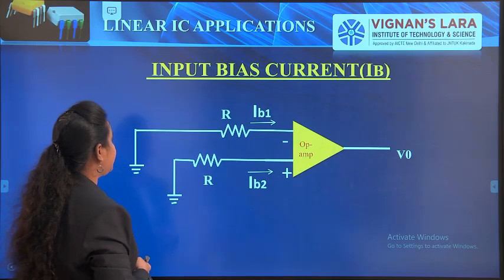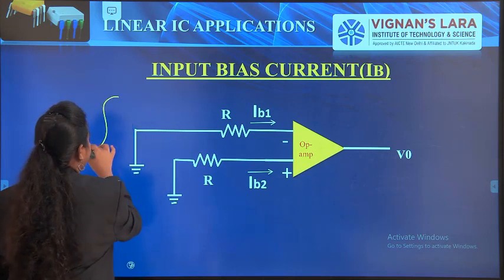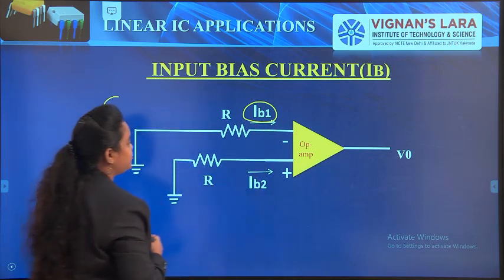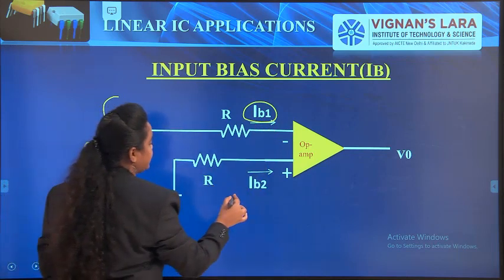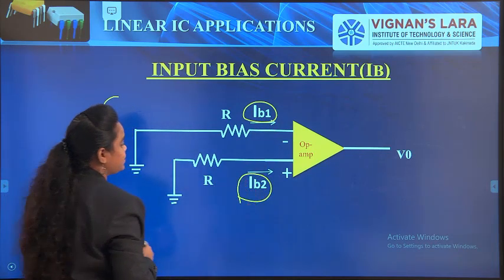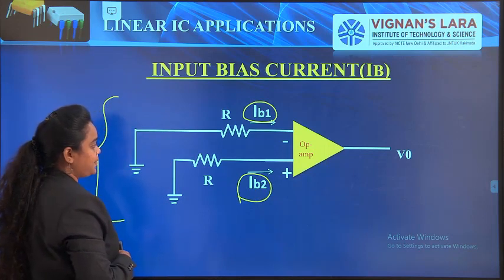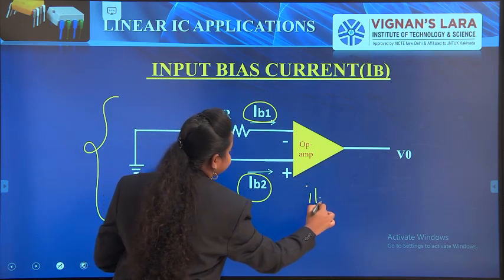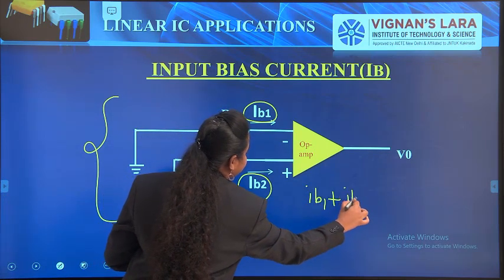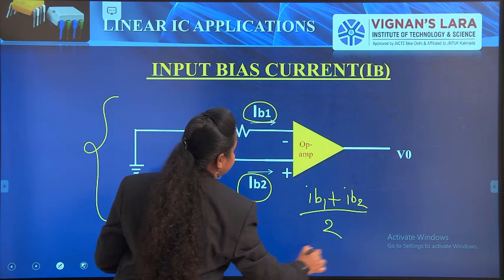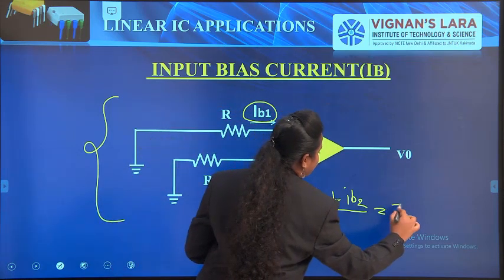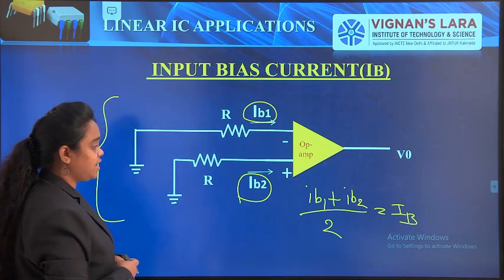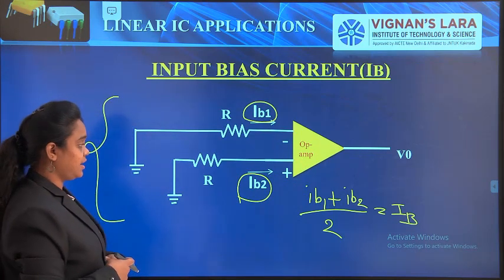This is a circuit of an input bias current. IB1 is the current flowing in the inverting input terminal of the op-amp, and IB2 is the current flowing through the non-inverting terminal of the op-amp. So here IB1 plus IB2 divided by 2, we get IB, a constant, that means bias current, input bias current.